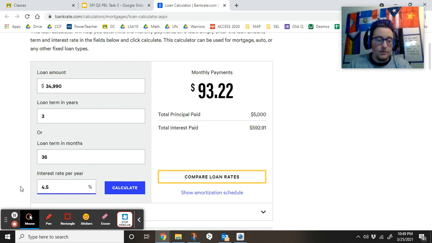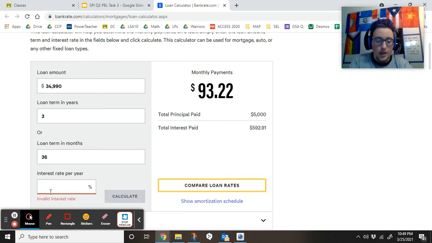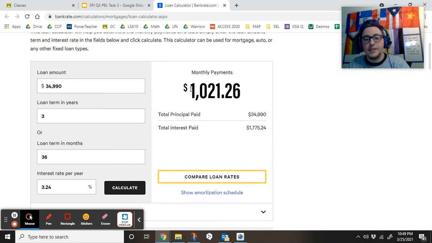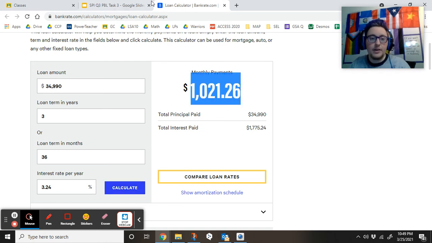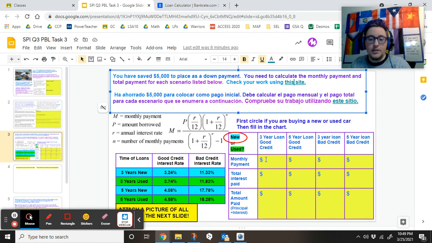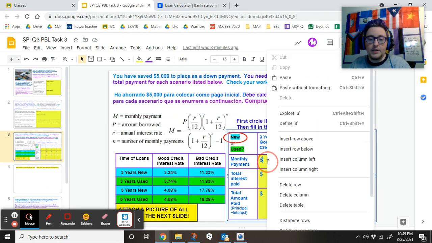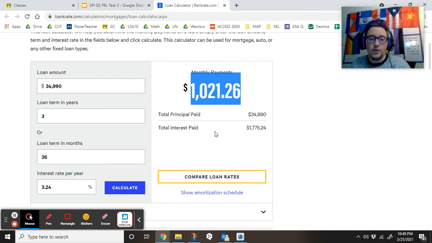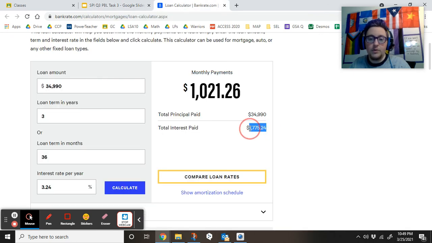And my interest rate was 3.24%. And sure enough, it says my monthly payment should be $1,021.26. And it also tells me my interest paid. So let me copy this now that I know that it is correct into my document. There's my monthly payment. My total interest paid is right here.